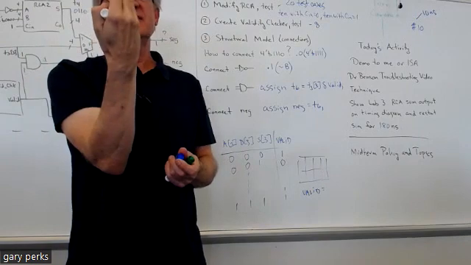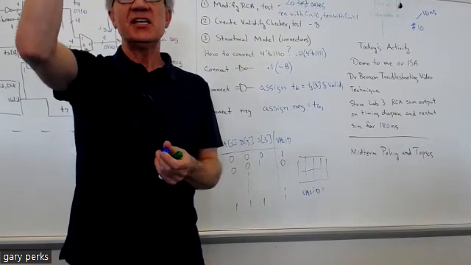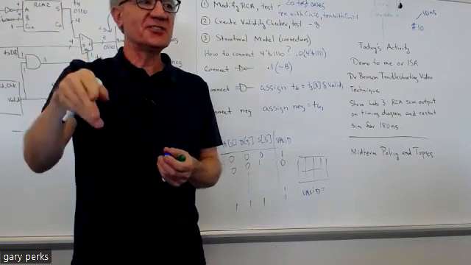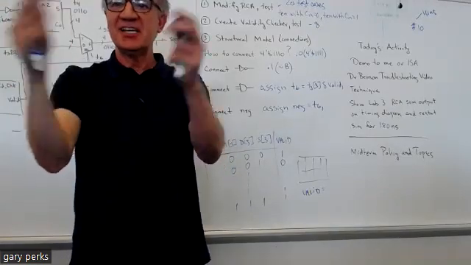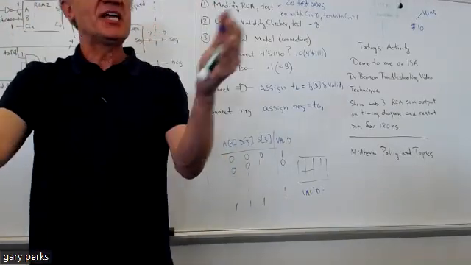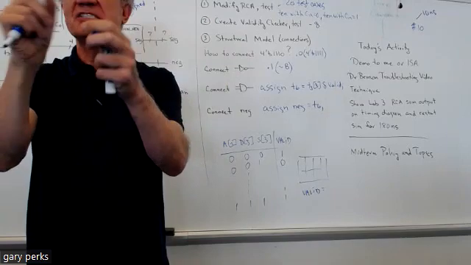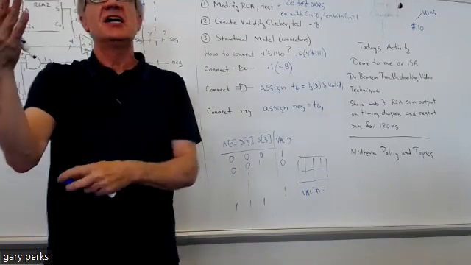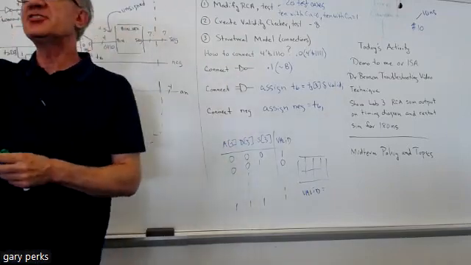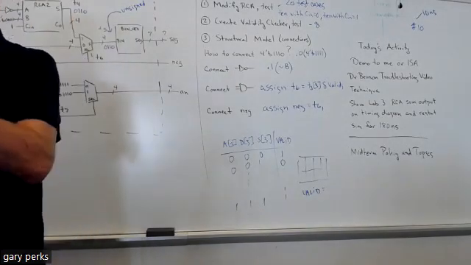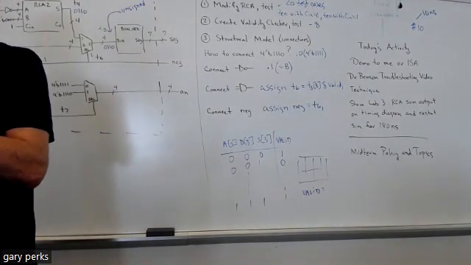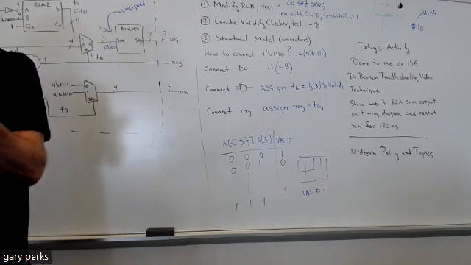The grader can't see that 0 plus 0 is 0 and 0 plus 1 is 1. It's not expanded enough, so it's showing just little dots. If you turn in screenshots of simulations that don't verify that your design works, it doesn't get credit. All right.